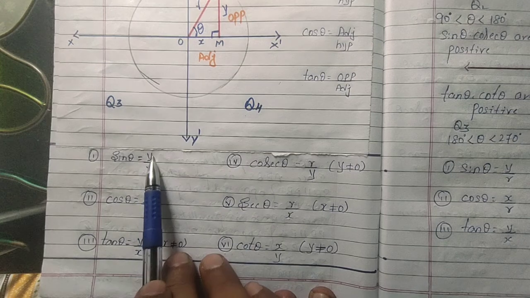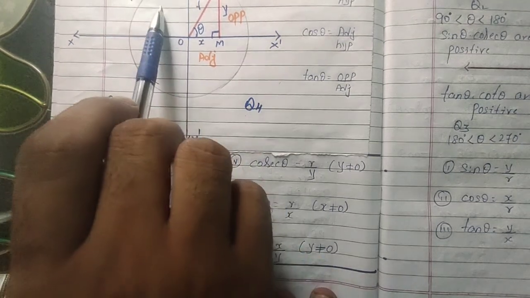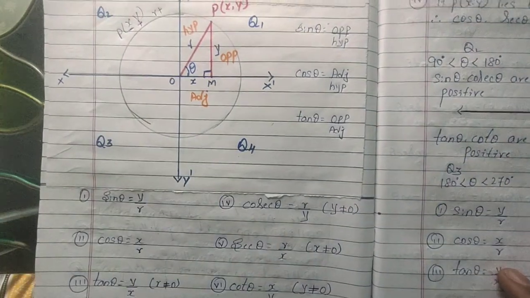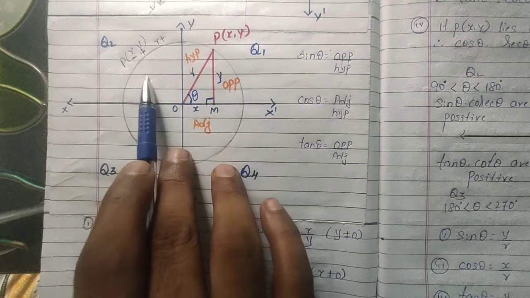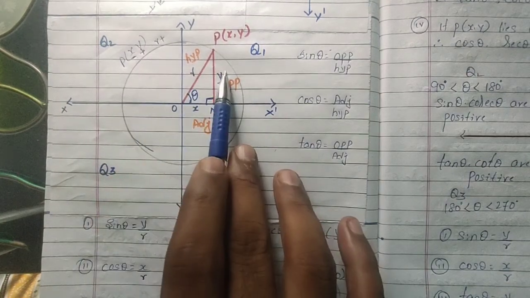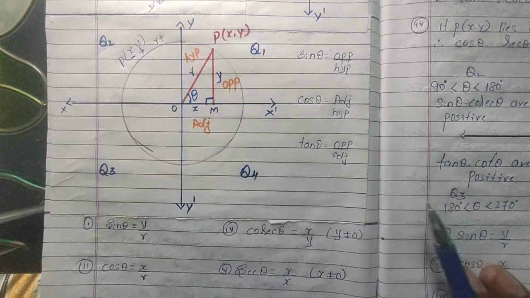Therefore, this is also positive, this is also positive. So sin theta and cosecant theta are positive in the second quadrant. Remember student, in the second quadrant, sin theta and cosecant theta are positive. In the first quadrant, all the 6 trigonometric ratios are positive.